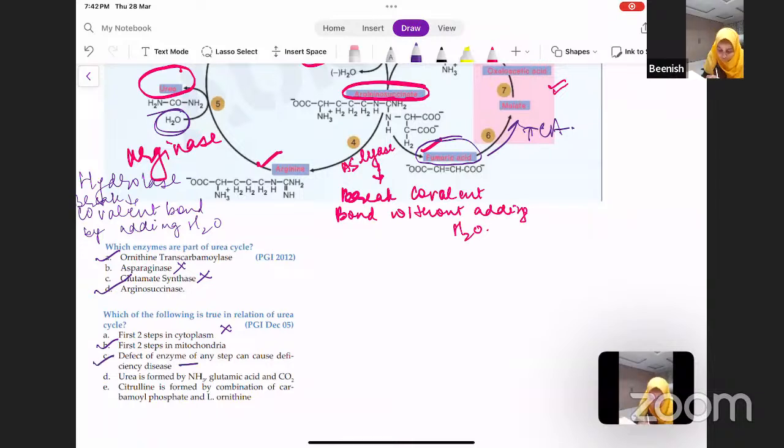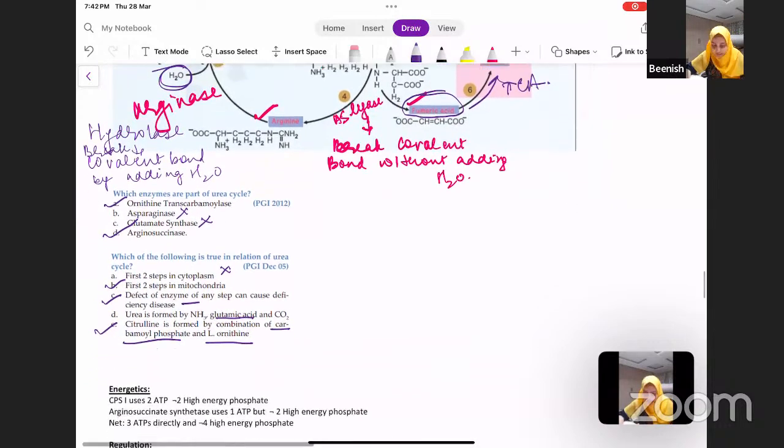Yes, this is also correct. Urea is formed by ammonia, glutamic acid, and carbon dioxide. No, this is not true. It's not glutamic acid, it's formed by aspartate. Citrulline is formed by combination of carbamoyl phosphate and ornithine. Yes, this is correct.